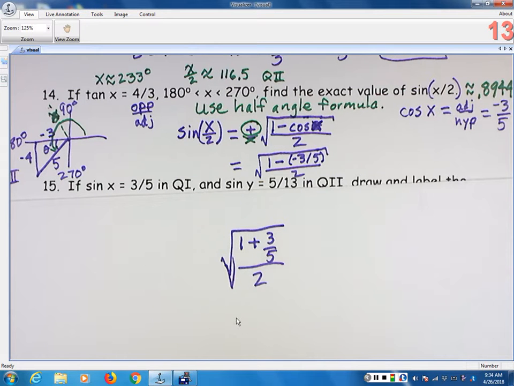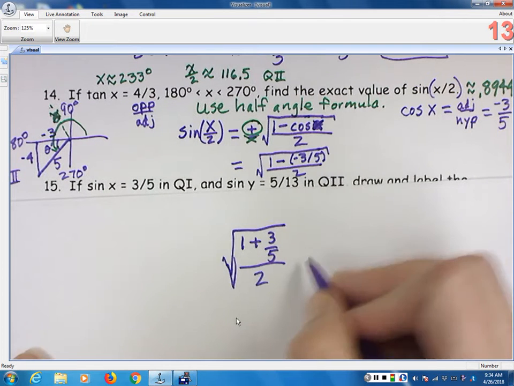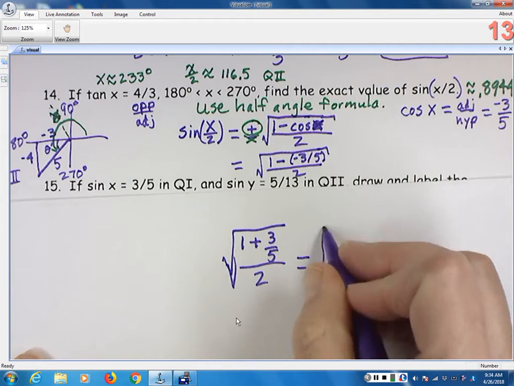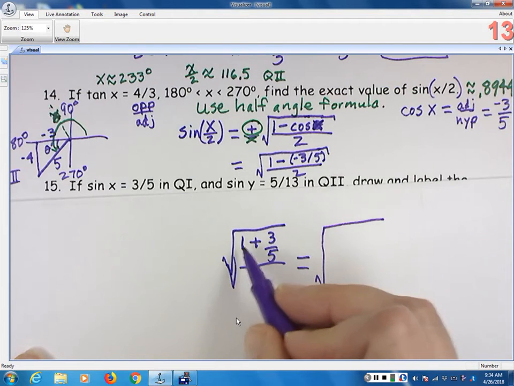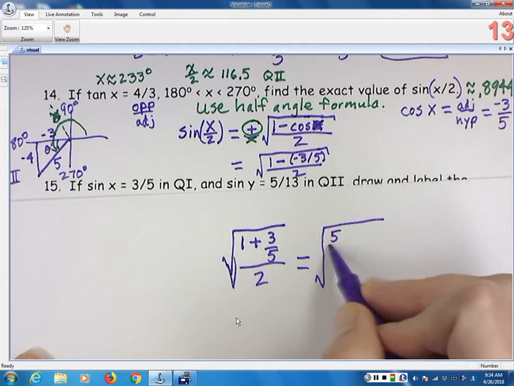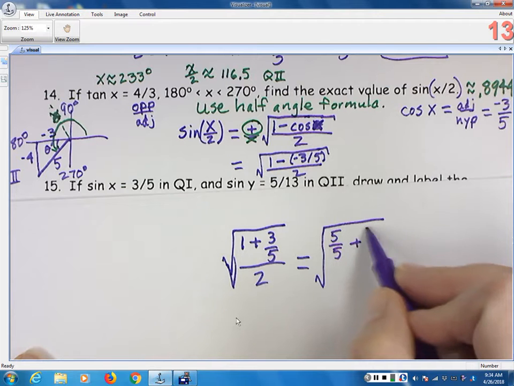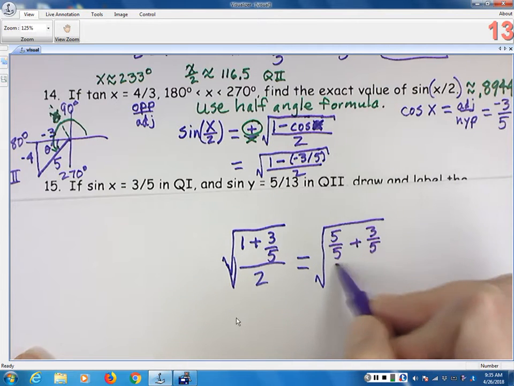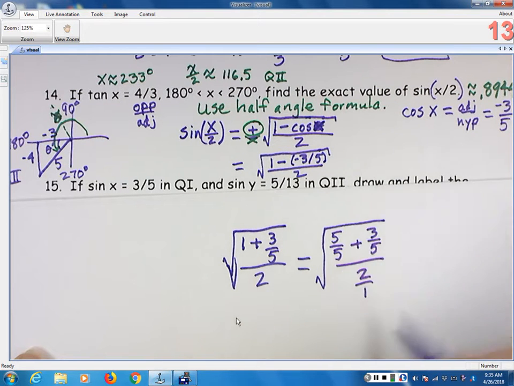To simplify that, you can use your calculator to help you, but I look for some steps. Let's do it. We rewrite the 1, we need a common denominator to add. And we're going to write this as 2 over 1.